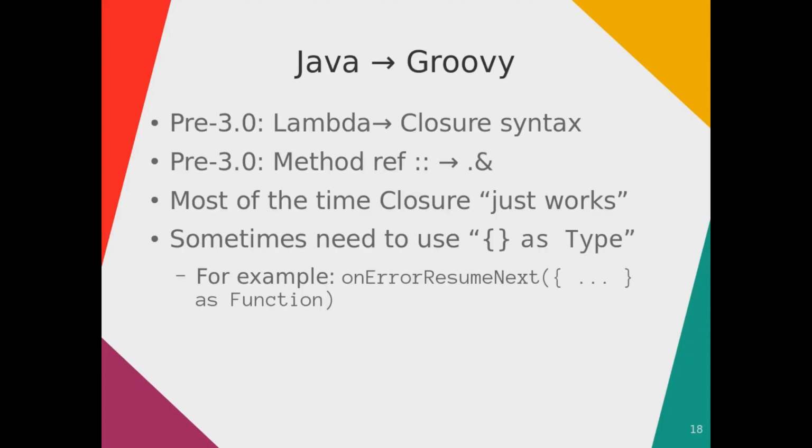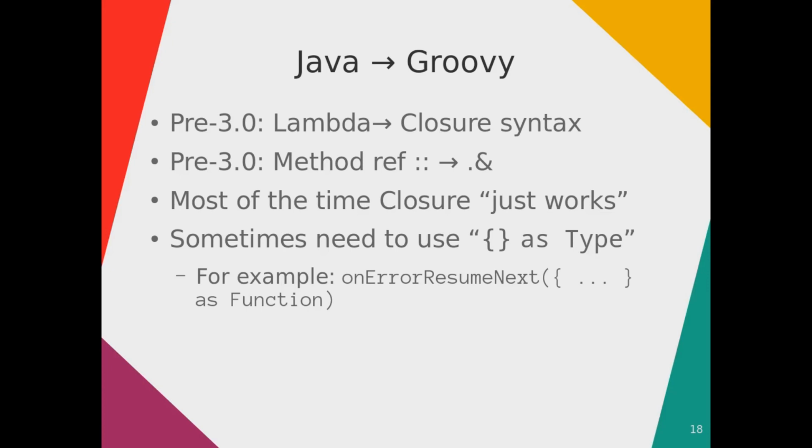Okay, and then I'm just going to wrap it up here using pre-Groovy 3. You would have to use, of course, the closure syntax instead of lambdas from Java. The method reference in Groovy is different, and most of the time closures just work.